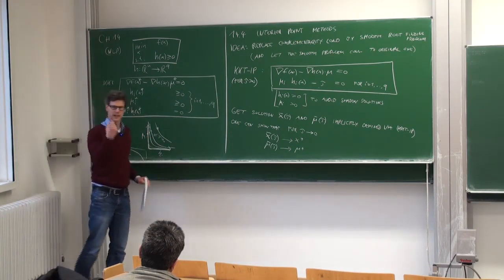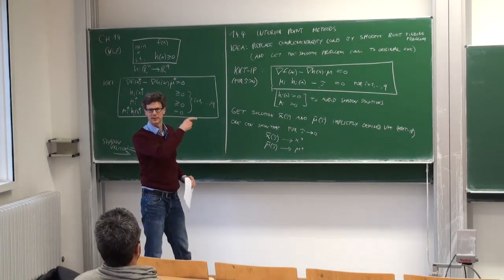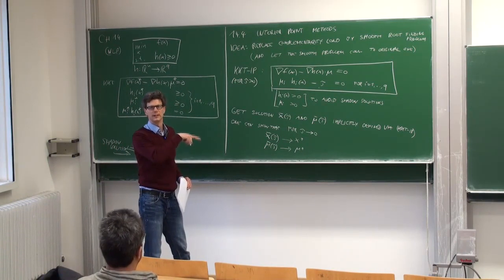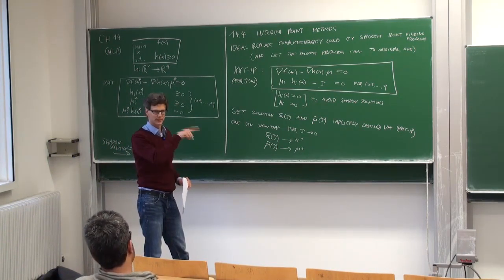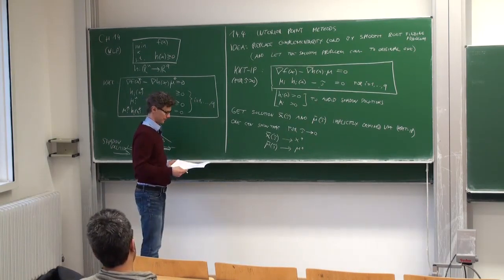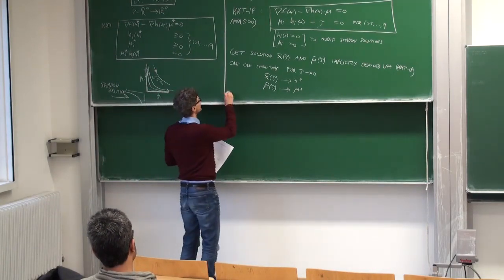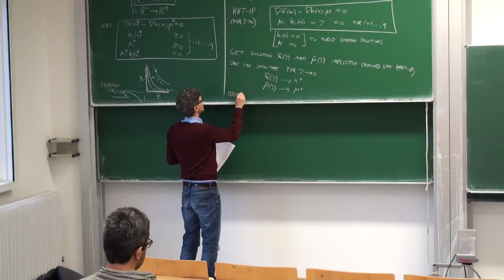So the idea is to start with a big tau and solve this with a Newton type procedure, and when that's solved, we reduce the tau and solve it again, reduce the tau, and so on. But we will always initialize at the old solution. That's called a homotopy. So that's idea 2.